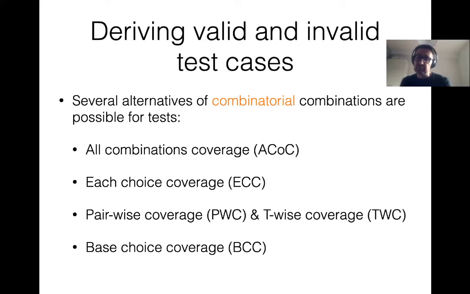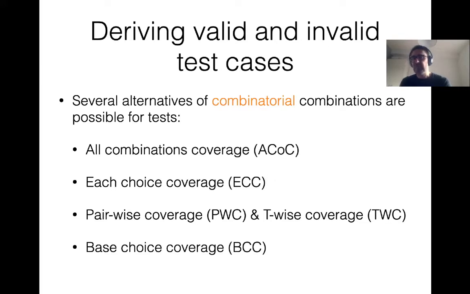And then there's a lot of research on pairwise coverage and t-wise coverage, where t can be a value larger than 2. If t is 2, then we have pairwise. You're considering a pair. If t is 3, you have triple-wise or triplet-wise coverage, and t can go higher.